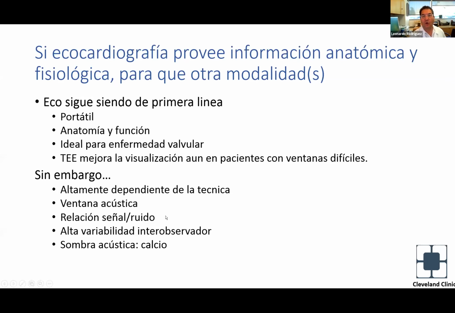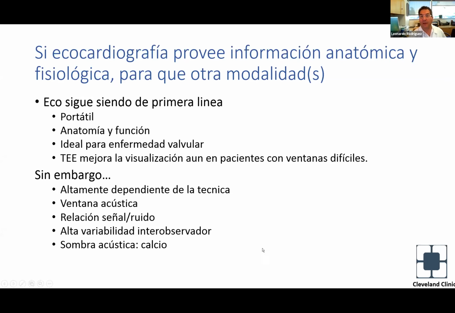La combinación de obesidad con enfermedad pulmonar hace que la ventana acústica sea muy limitada y tiene impacto de nuevo en la calidad. La relación señal-ruido es subóptima, y es algo intrínseco del uso de ultrasonido, y a veces de nuevo impide la captura de imágenes de gran calidad.